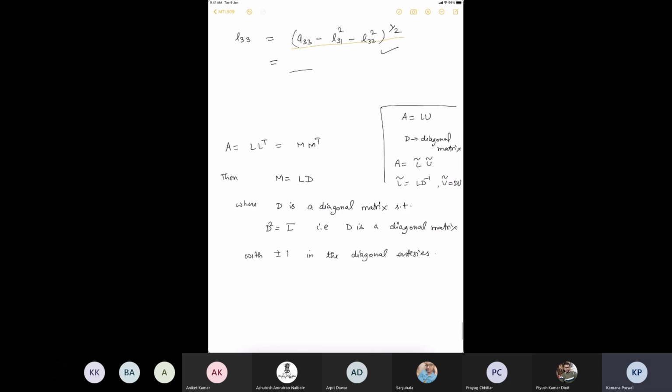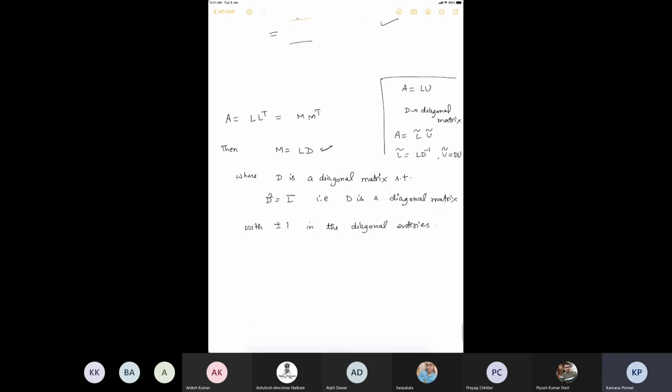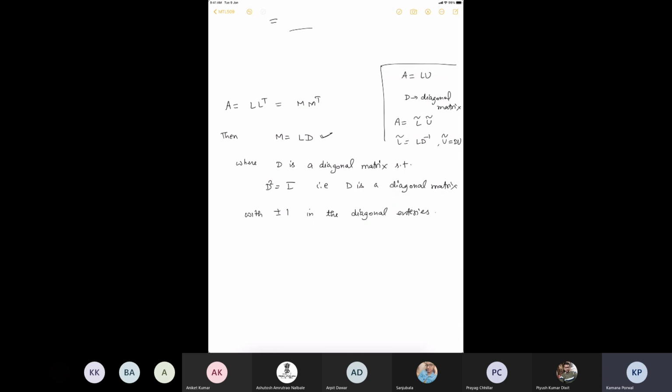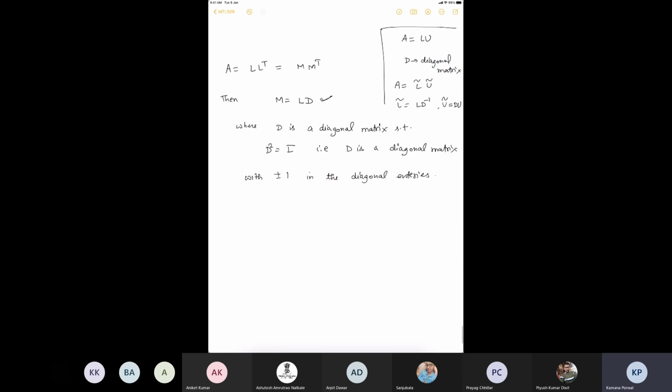So what does this say? That if you have two Cholesky decompositions, they will just differ by the sign in their columns. Okay, so I think it's a short proof. So let me just discuss that.